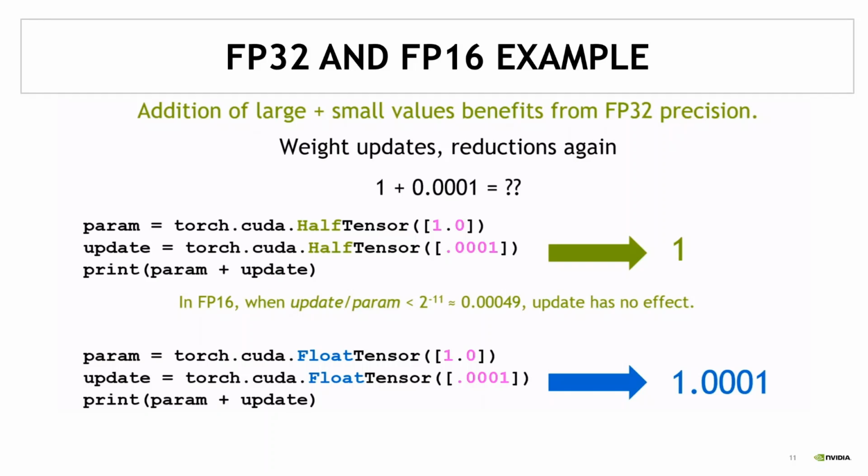For example, we have a weight of 1 and a gradient of 0.0001, and in FP16 mode the result will be 1 because we don't have enough precision to capture that update. The technical limit of FP16 is 0.0005, and FP32 is much better for capturing small weight updates.